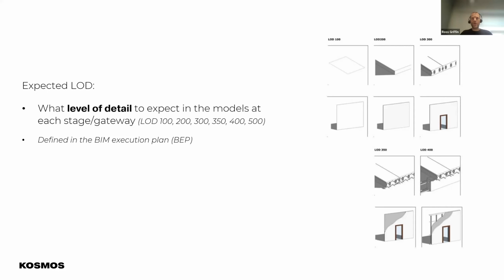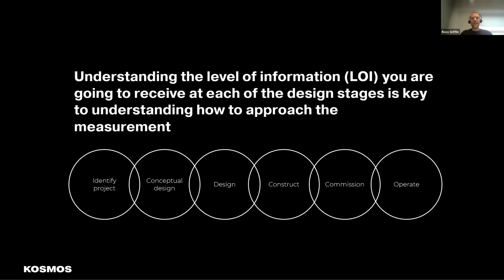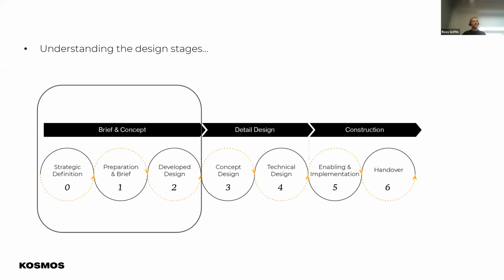If we go back to our stage gateways, in that very early design brief you might have architectural layouts. So the architect in the design brief in stage 1 might have an LOD 200 model for you, but no other discipline will have an LOD 200 model. The structures won't be there, the services won't be there.